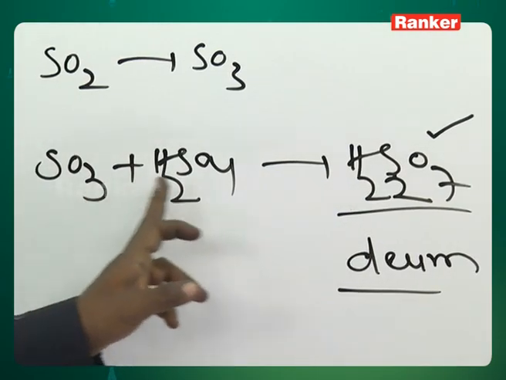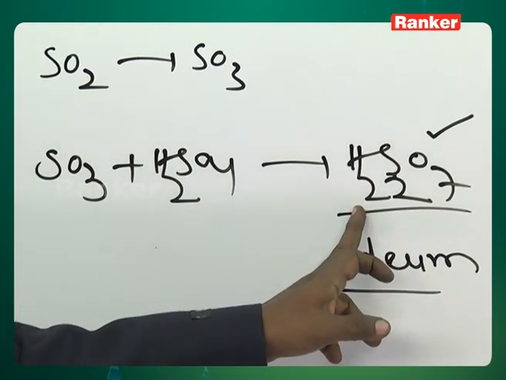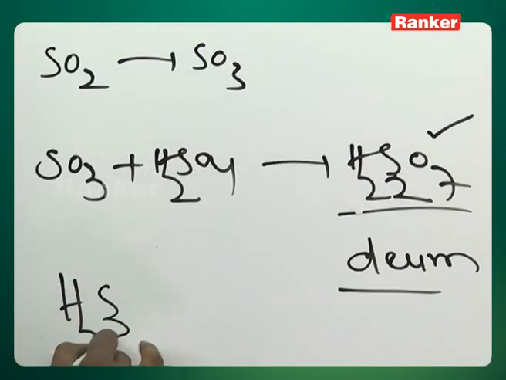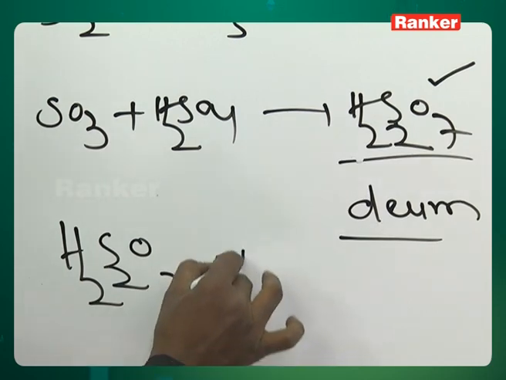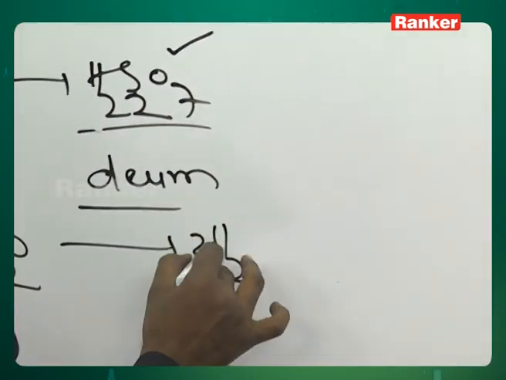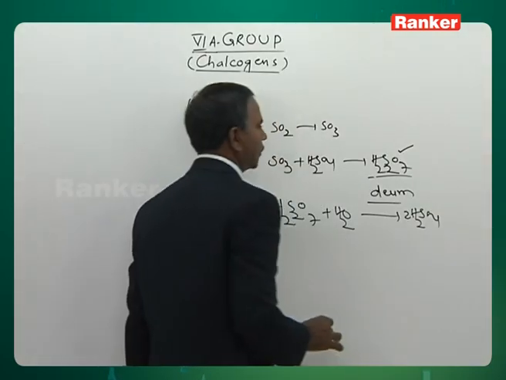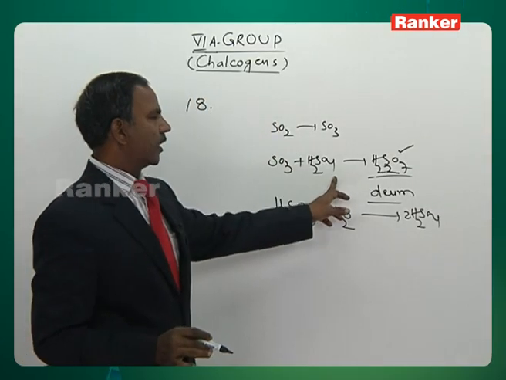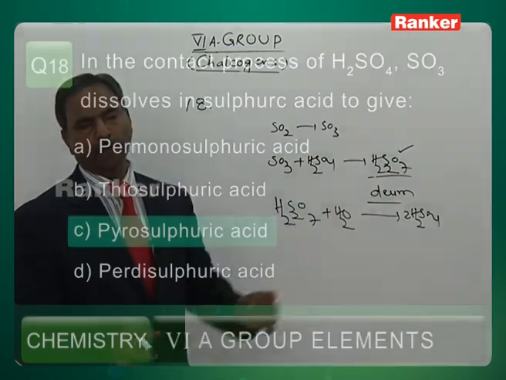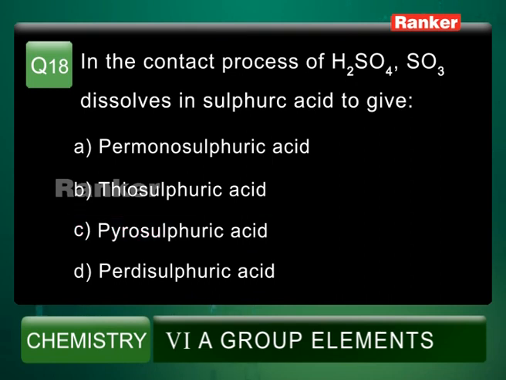Therefore, SO3 with sulfuric acid produces pyrosulfuric acid, oleum. This oleum, H2S2O7, when diluted with water, gives sulfuric acid. The question is, SO3 with sulfuric acid, what is the product? Oleum or pyrosulfuric acid. Therefore, question number 18, answer is C.